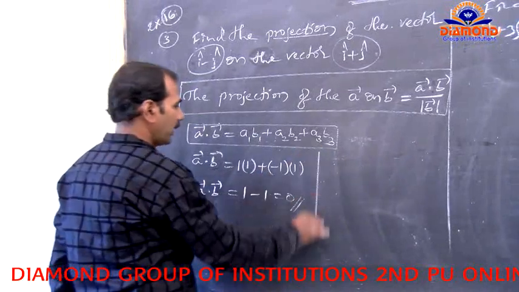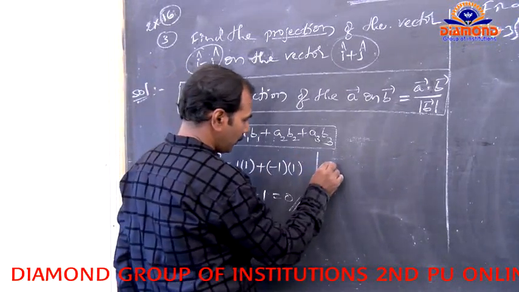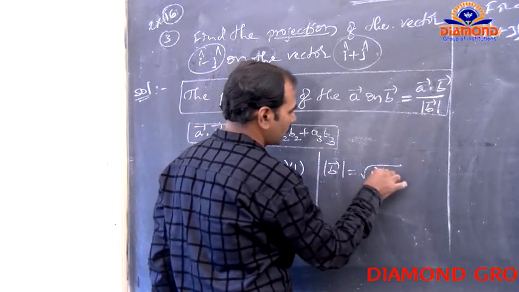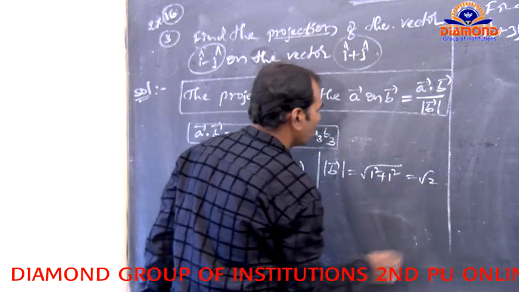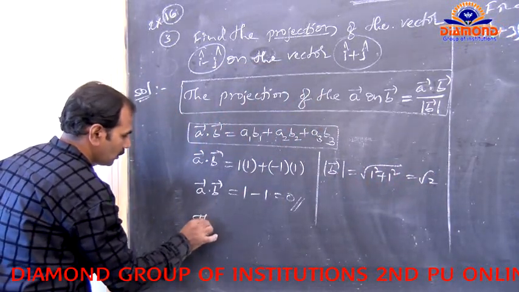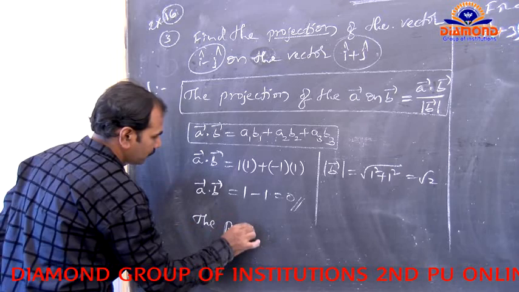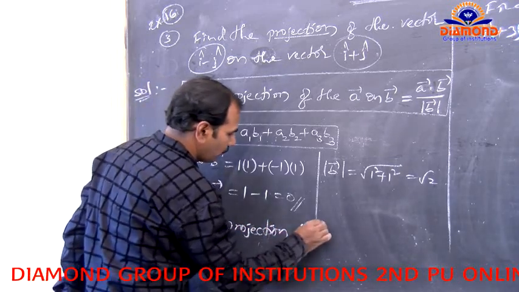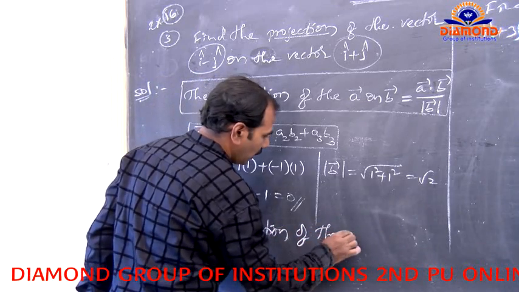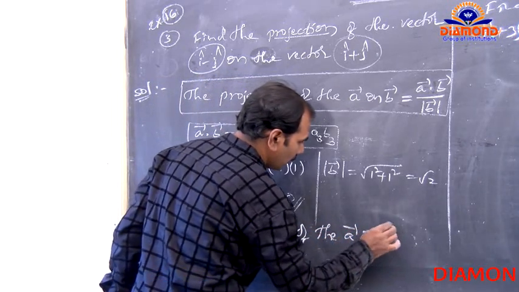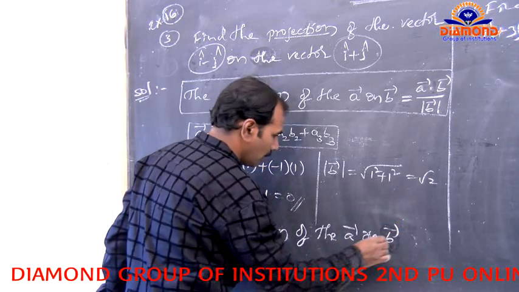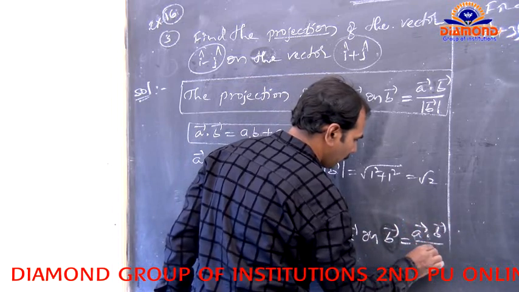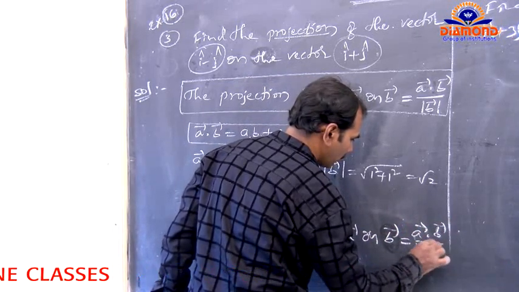So the magnitude of b is equal to the square root of 1 square plus 1 square, which is root 2. So the projection of the a bar on the b bar equals a vector dot b vector divided by the magnitude of b bar.